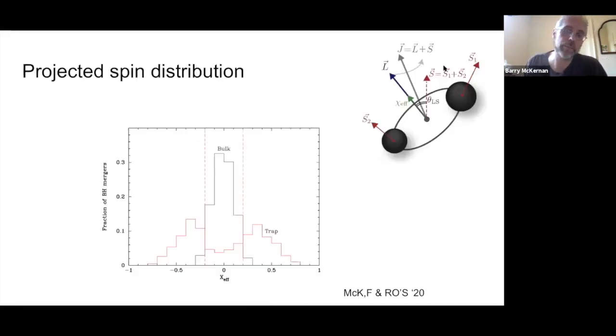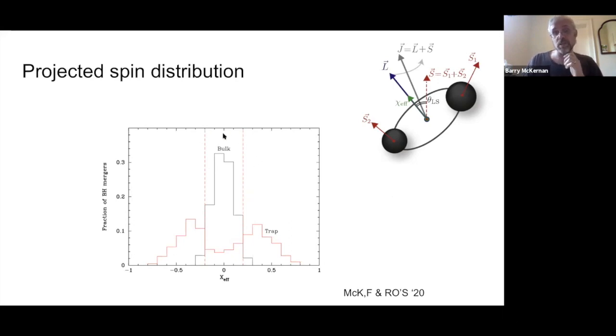So remember I mentioned this chi-effective parameter, that projected mass-weighted spin onto the orbital angular momentum of the binary. This is something that LIGO can measure pretty well for binaries. The expected distribution of that for the AGN channel is two components.